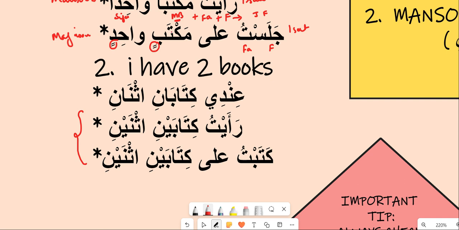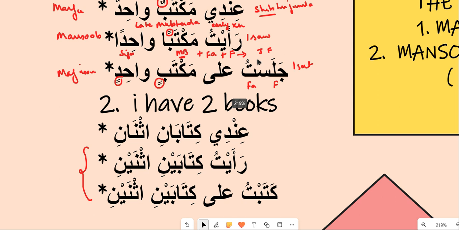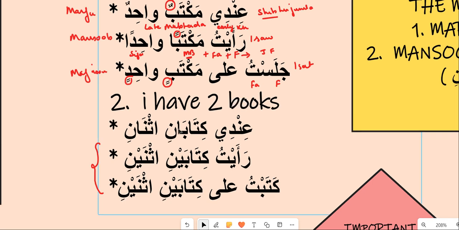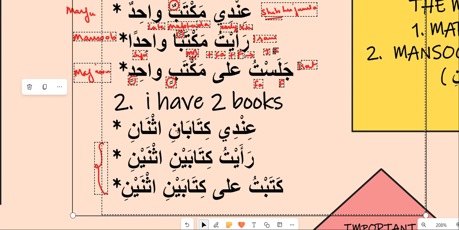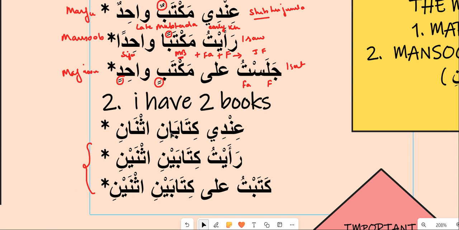I have taken the same example. In the first case, you saw it was kitab, right? Now, this noun has changed to kitabani in muthanna. As I told you, number 2 is a special number and it represents 2. So in Arabic, the name of the number, like this, the noun for the number name, you can't see harakas over there, but only the letters. How will you decide that it is in marfu case?